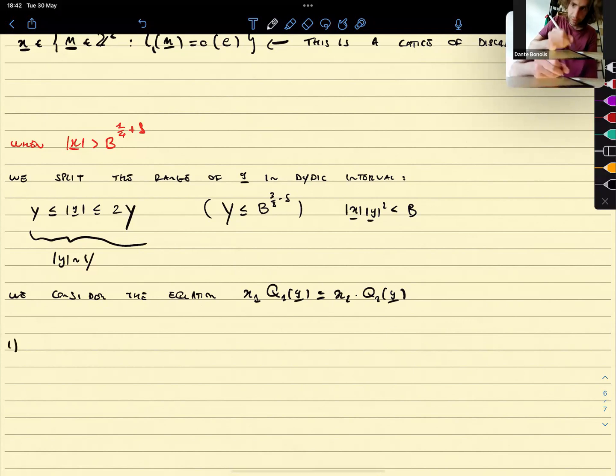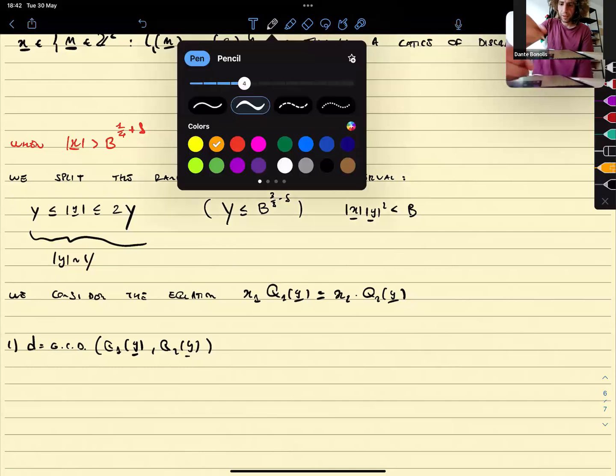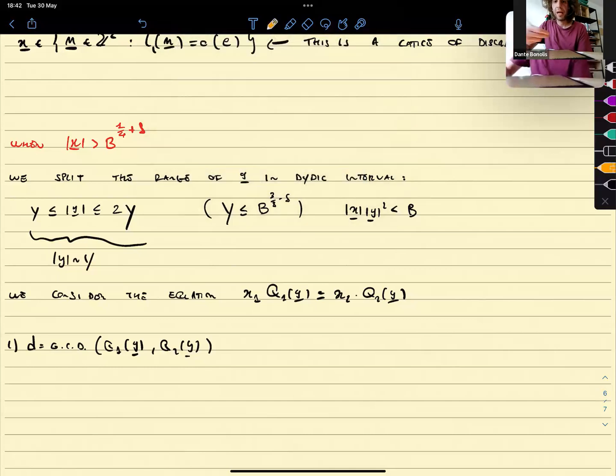Okay, and now we can notice a couple of things. The first thing one can notice is the following: if we denote by D the GCD between Q1Y and Q2Y, we can divide both sides of this equation by D and rewrite it. It is still an equation in integers, and we want to find a solution for this new equation.